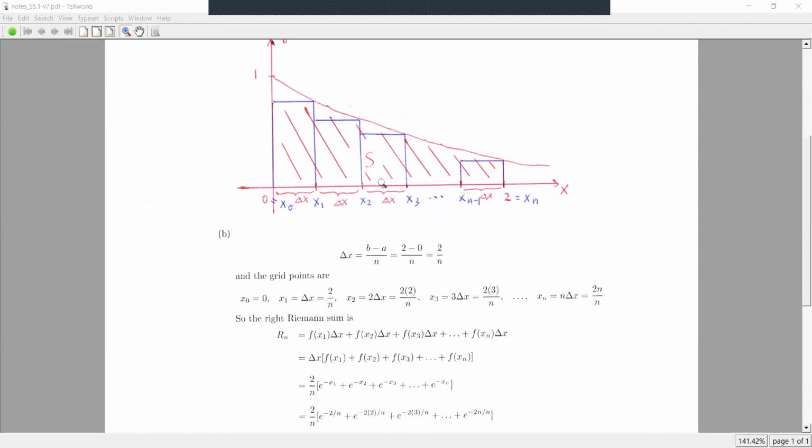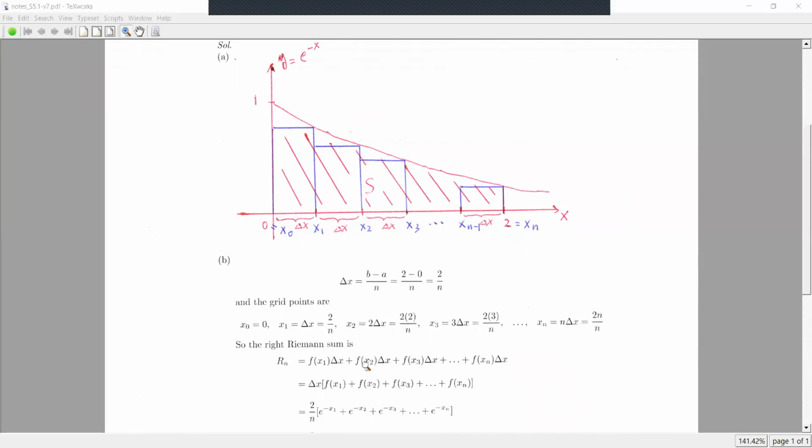Area of the third rectangle is base times height, and so on. This is the sum of the areas of the rectangles. This is the right Riemann sum, because the rectangles are built by right endpoints. Now, factor delta x out, then we get this equation. Then plug in the function.